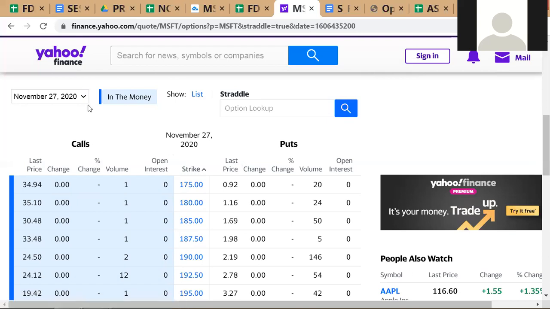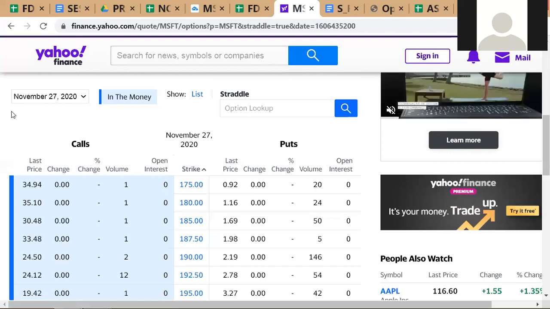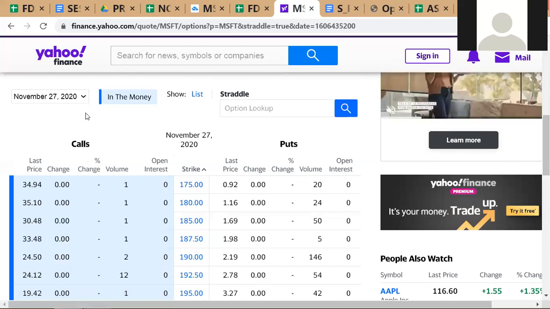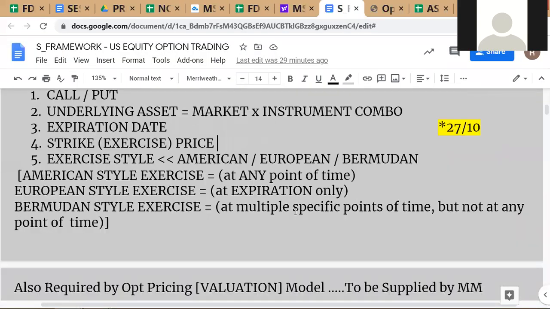So that's Bermudan, which is halfway between European and American. American, you can exercise anytime. European, you can exercise only at the expiration. And Bermudan, you can exercise at multiple points of time between the purchase of the option and the expiration date, but not at all points of time. That's why it says here, at multiple specific points of time.